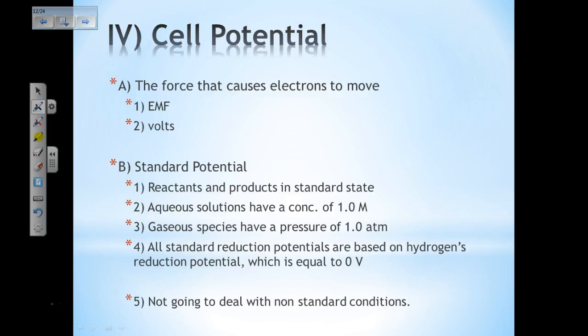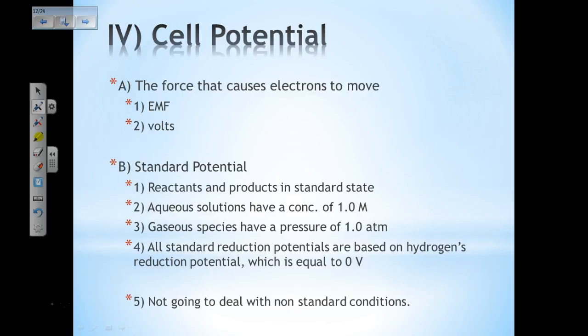Cell potential is how much force is causing the electrons to move. This is like a chemical force that's pushing the electrons off of an atom. Sometimes this is called EMF, electromotive force, and it's measured in volts.